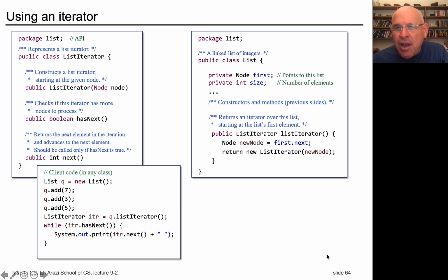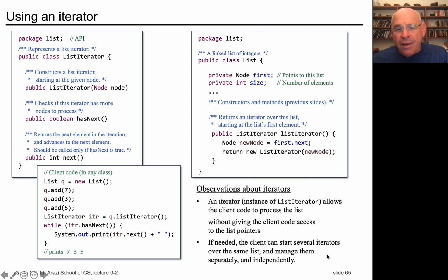So this is a very elegant and sophisticated way to go through a list without actually using its pointers. I don't see the pointers, but I can still go through the list by using the services of the list iterator. And this will print, in this case, 735, or whatever it is that the list contains.